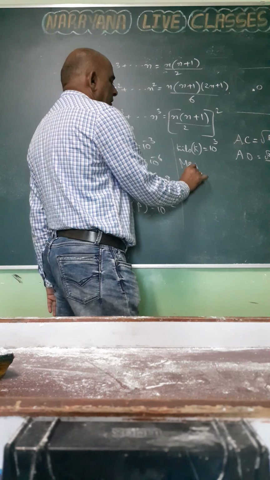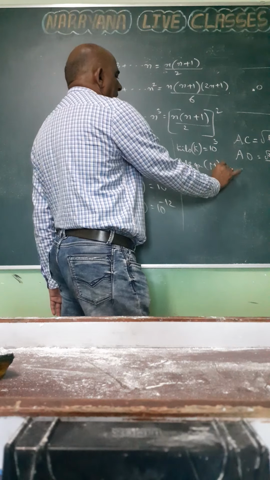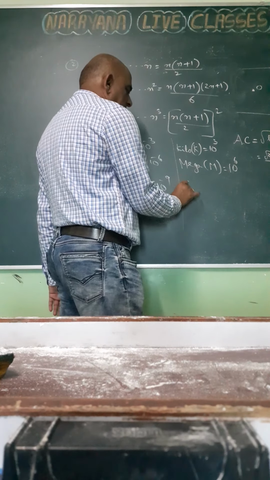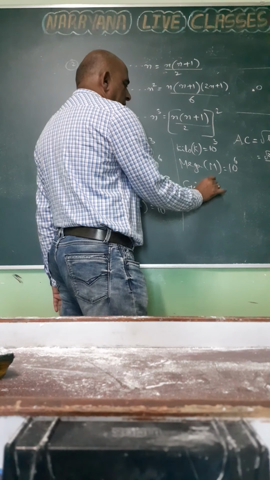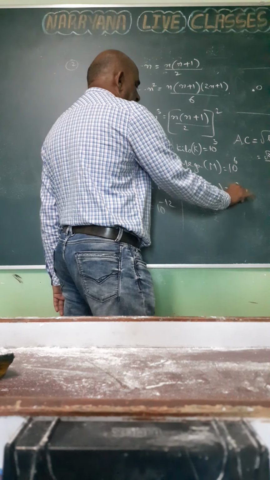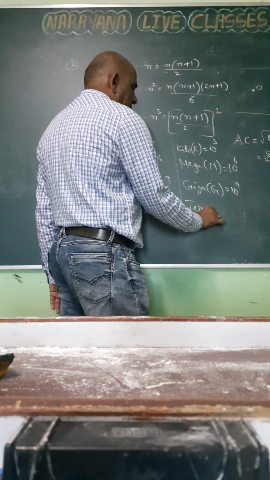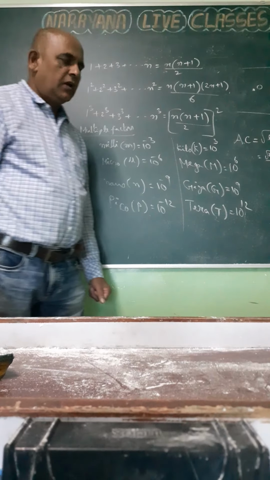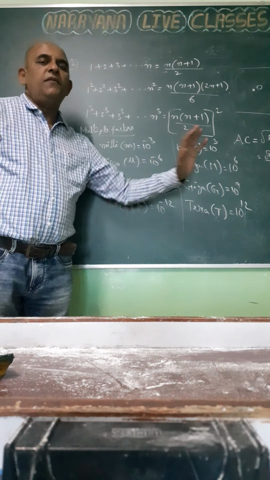Mega, represented by capital M, is also called million, 10 power 6. Giga, represented by G, is 10 power 9. Tera, represented by T, is 10 power 12. So these are the multiple factors.